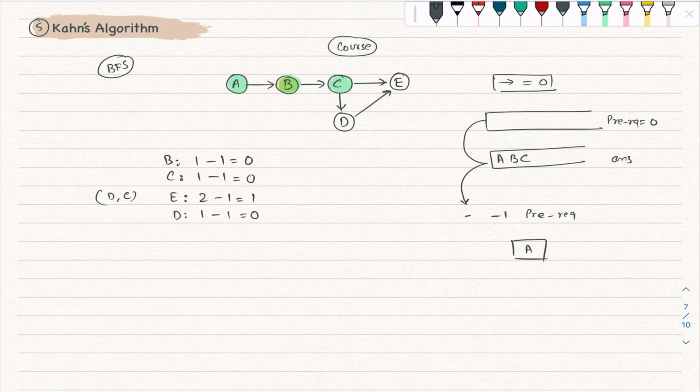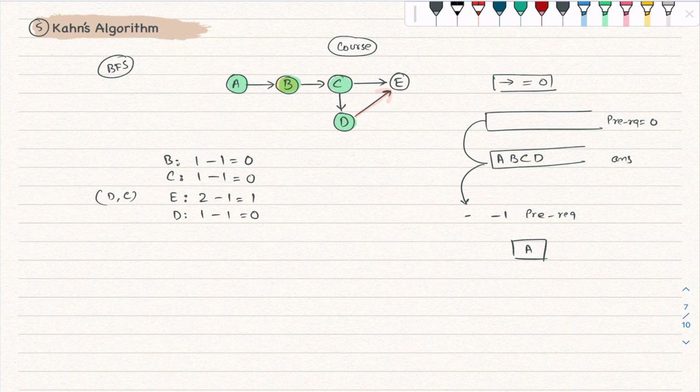Oh, now D is ready to study. So we will pick D and put that in the queue. Once we study it, we will put it here and remove it from the queue. Once D is studied, we do the same operation. We look for any subject which has D as a prerequisite.